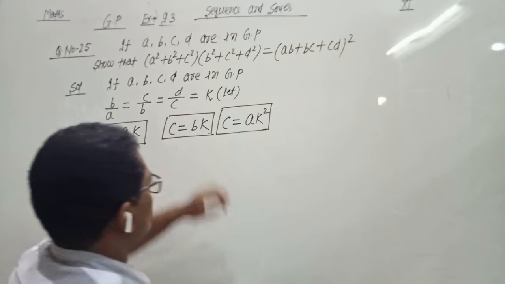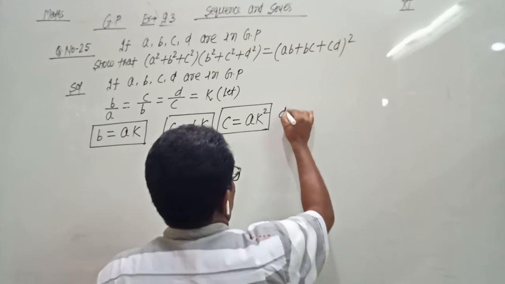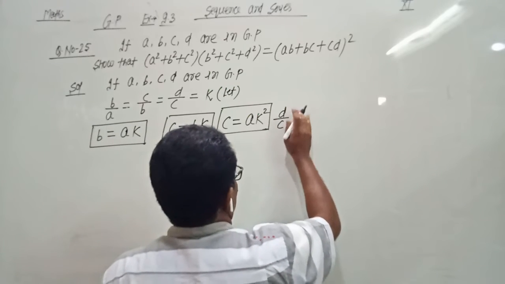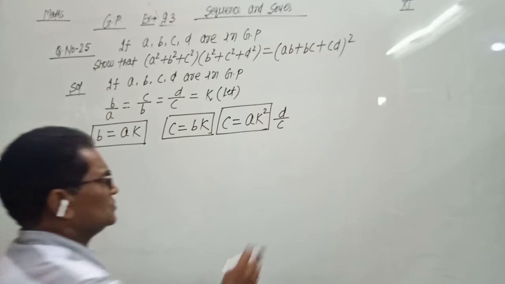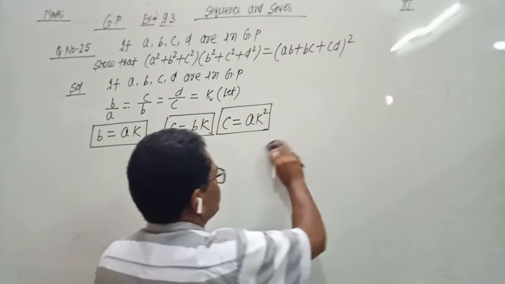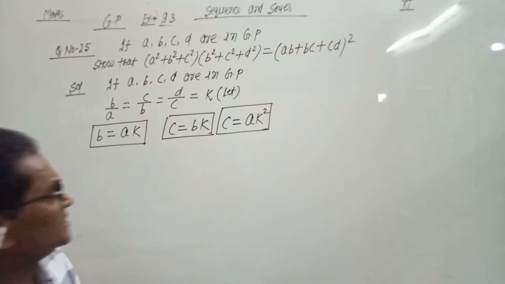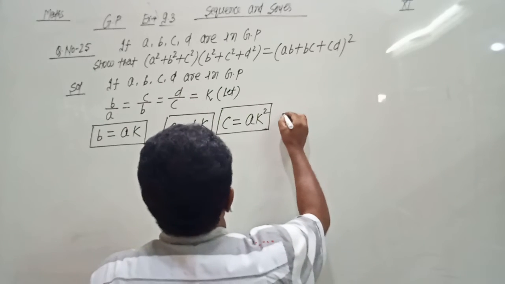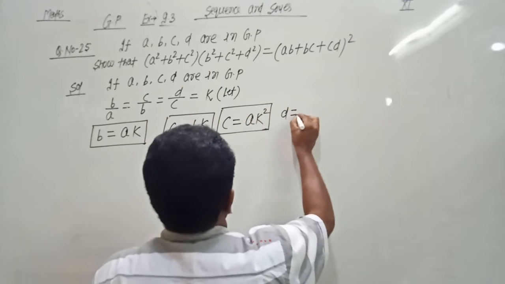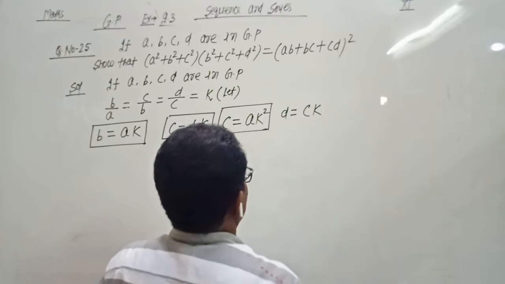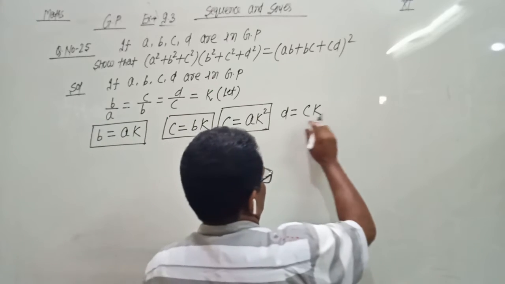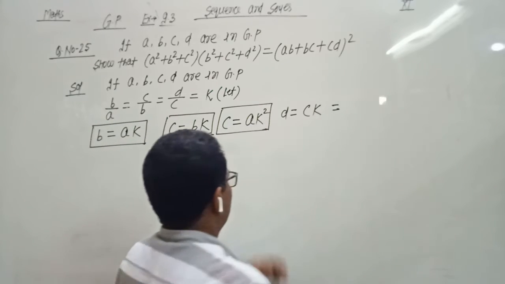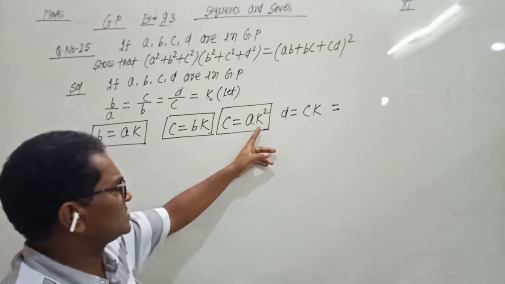Now D by C equals to K. It means D equals to CK, and the value of C is A into K square.